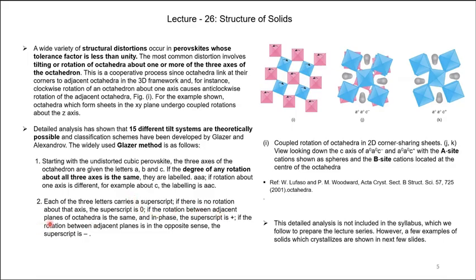If the rotation between adjacent octahedra is the same and in phase, the subscript is plus. And if the rotation between adjacent planes is in the opposite sense, the subscript is minus. These are the three ways of describing a distorted perovskite structure.